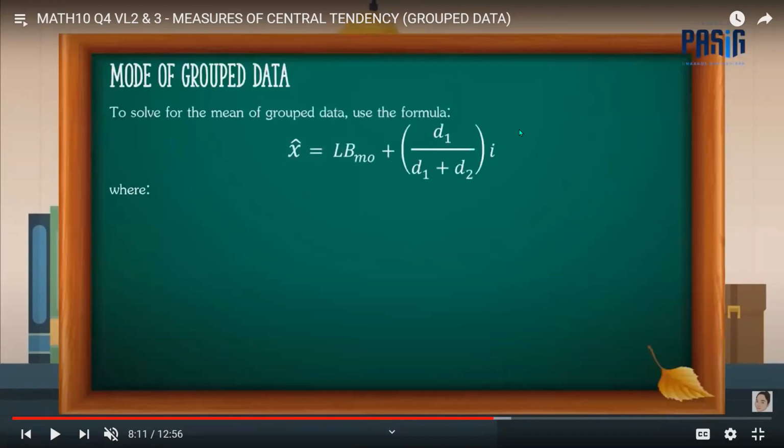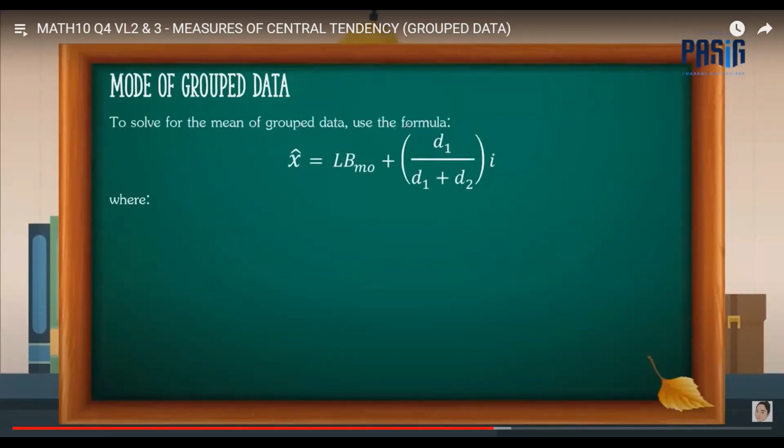For our mode, we will use this kind of formula. So the formula we will use, this is the mode. This is the lower boundary of the modal class. Again, I did not mention earlier, the reason we are doing this is that you need to learn this.